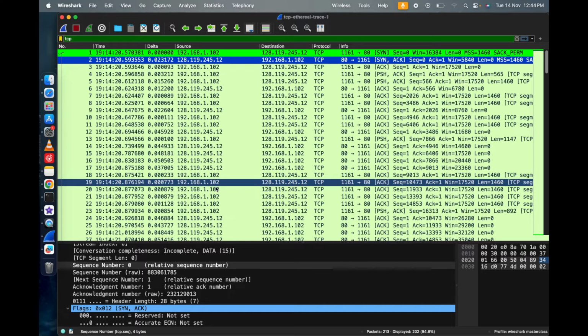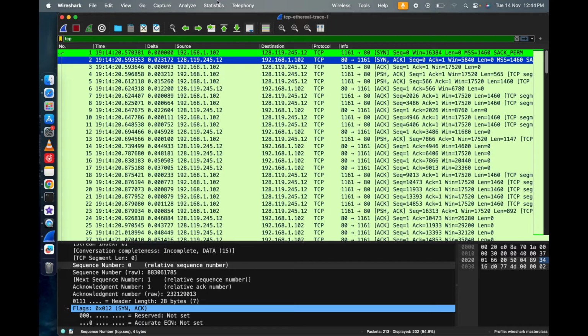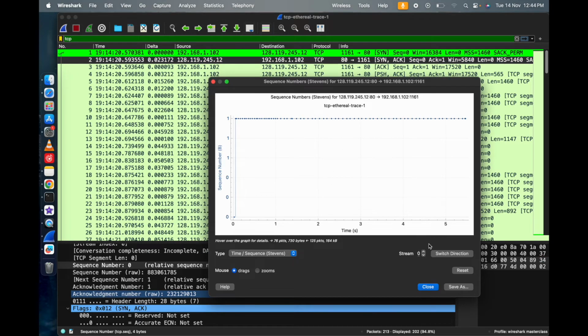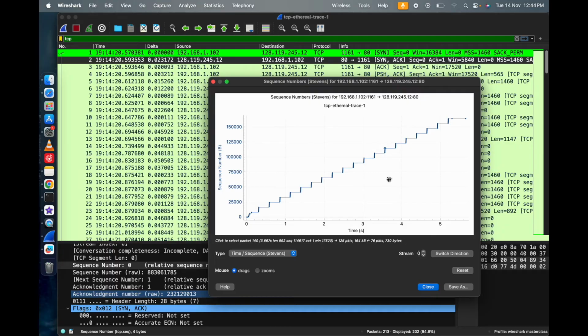So for example, let's say in the statistics you go to time sequence, right? Again switch the direction. Over here it has a constant rise, right? If it's repeated, we get an error, and then we can say the segments are retransmitted.